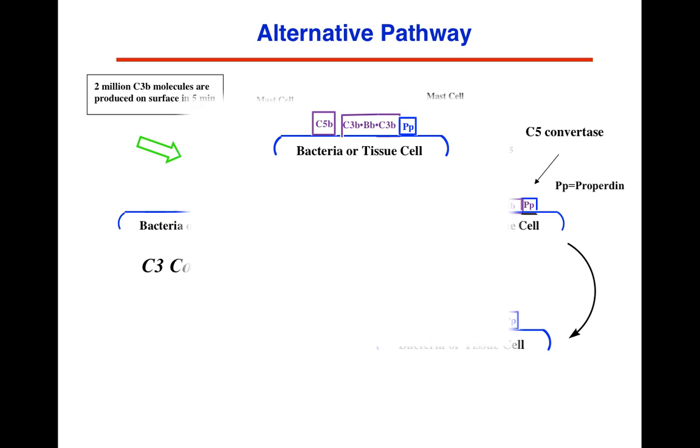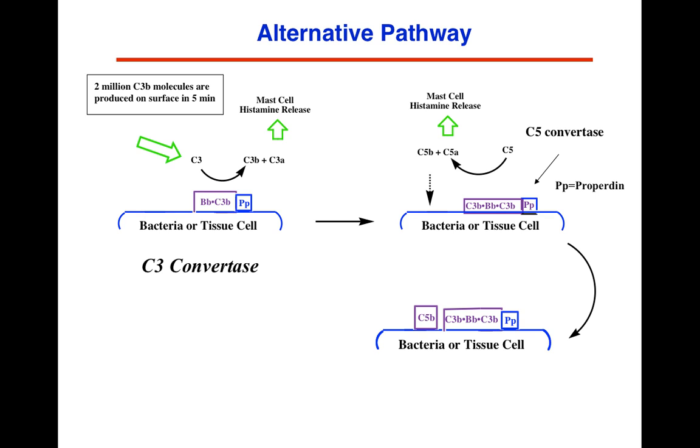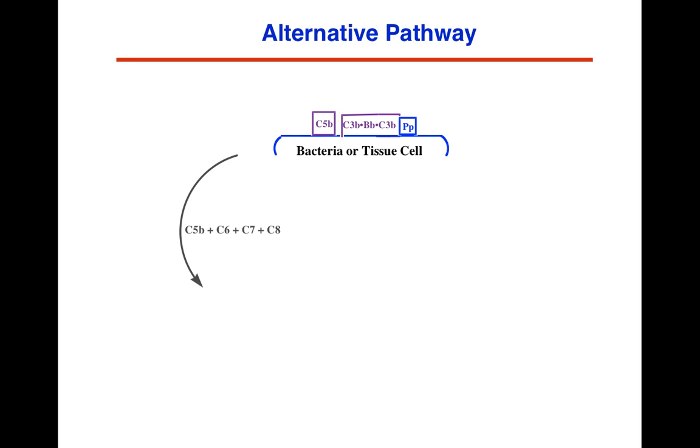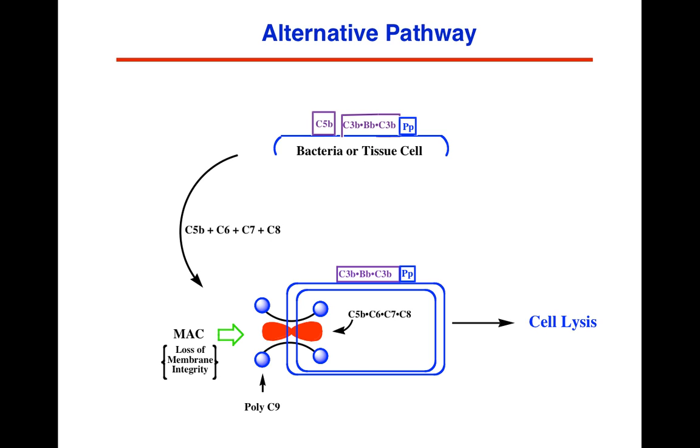And so you get C5b now on the surface, and now that can again go through what we've already discussed, in which you can self-assemble C6, C7, and C8 to form the scaffolding protein, which will then lead to the assembly of C9 to form the MAC complex and cell lysis.